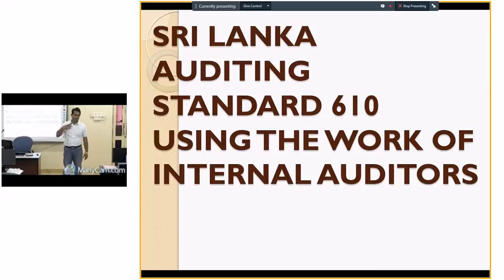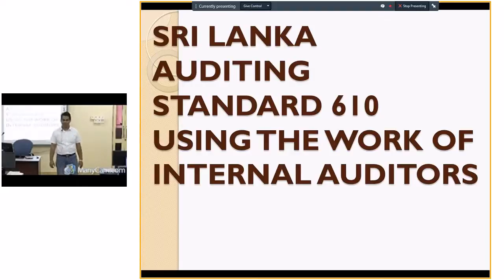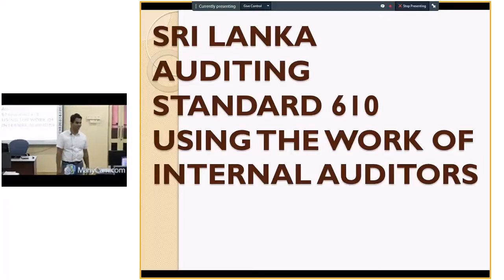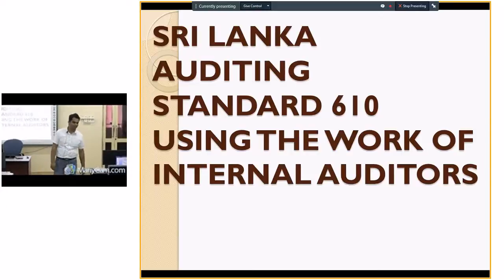So, as the external auditors, do we want to assess the internal controls of the business? Yes or no? Yes, we want to. We discussed risk assessment. If the company has a proper internal control system and they are compliant, then the assessed risk or the auditor's risk will be getting lower.